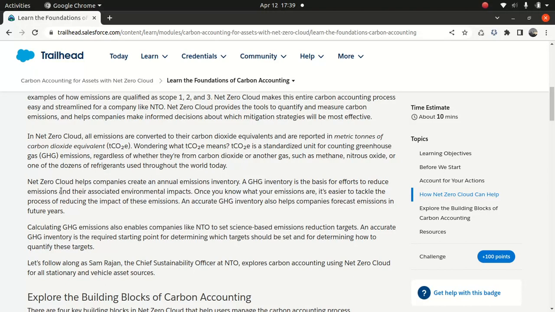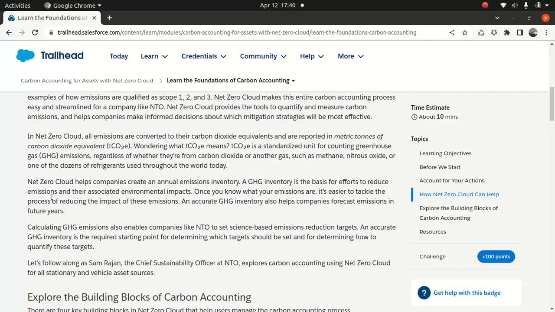So what I'm going to do today, I will talk about the foundation of carbon accounting. So far you've seen different things, right? As part of Net Zero Cloud, for instance, how to allocate carbon credit. We briefly touched on waste and water management, right? And we've been talking about carbon footprints and emissions and scope one and scope two and scope three, right?